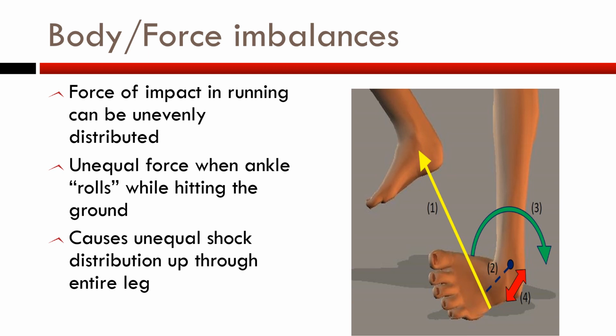So think of your ankles as a shock absorber in a car, and if those shock absorbers are not doing their job, then you're going to get a lot of force up through the lower leg. And if one side of the ankle is stronger than the other, you're going to have an unequal force while hitting the ground.